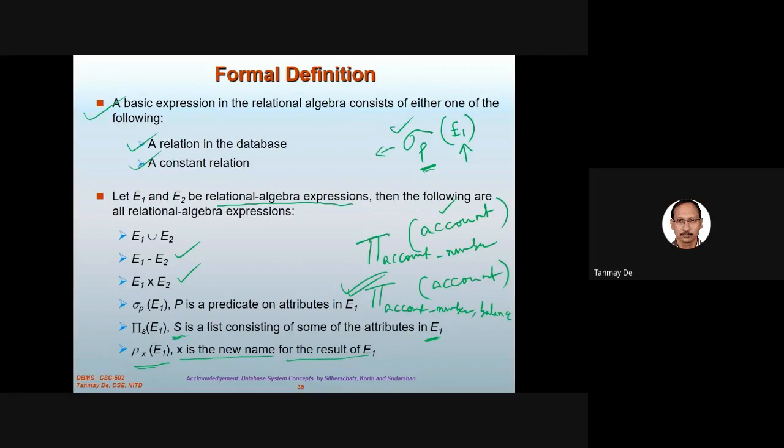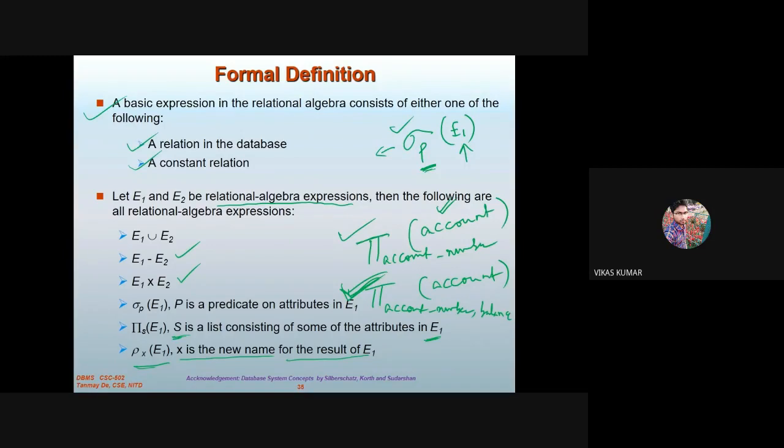It does not display the branch name, because the account relation consists of three attributes: account number, branch name and balance. By this operation only the account number and balance are displayed. By the other, only the account number from the account relation is displayed. Is it clear? Is it okay?